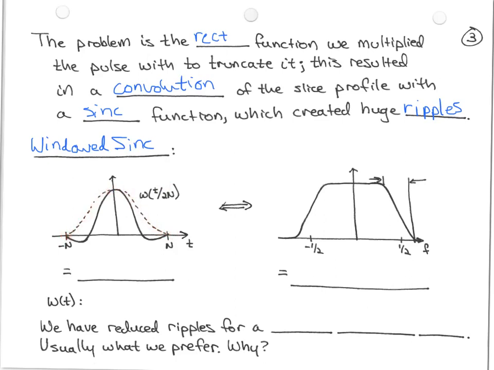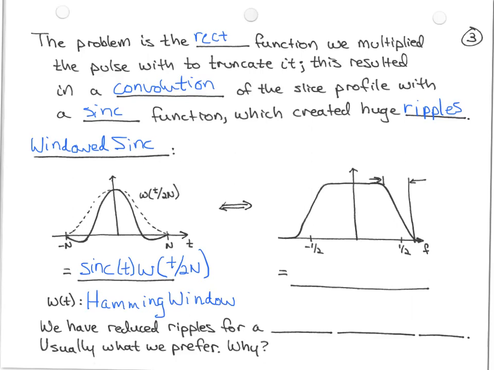And so we're going to call that W of t over 2N, and that is equal to the multiplication of a sinc as a function of time times W of t over 2 times capital N. Okay? A typical choice for this, and indeed what you're going to implement in the homework, is a Hamming window. You can use a number of different windows, but we are going to use a Hamming window, and that is a popular choice in practice for MR.